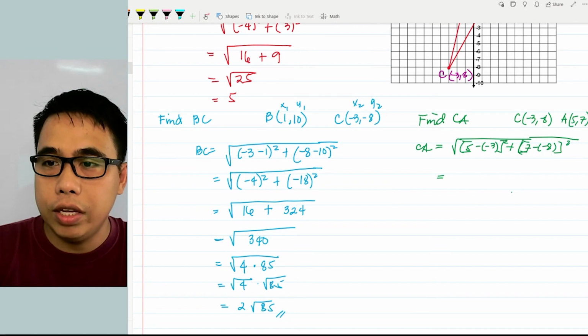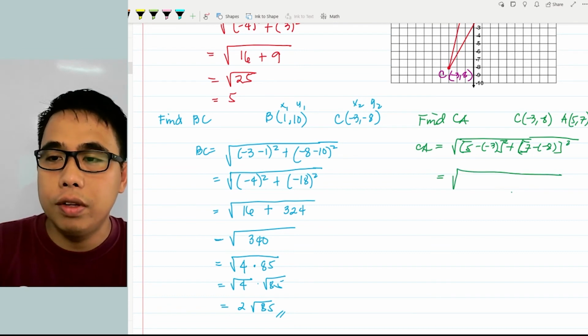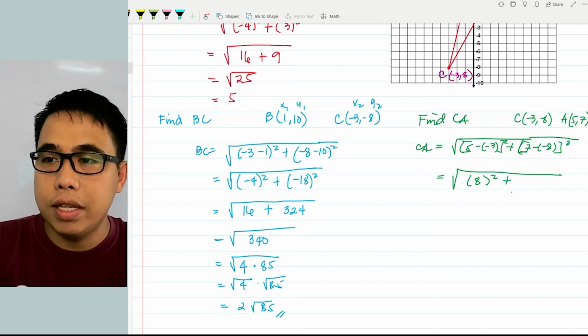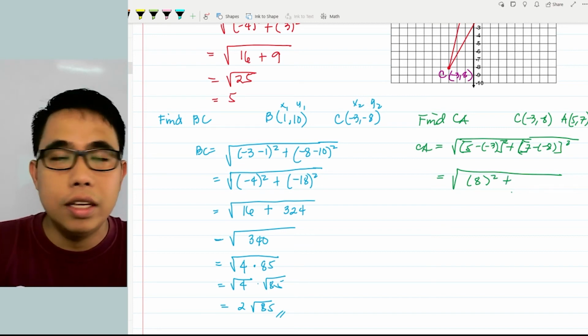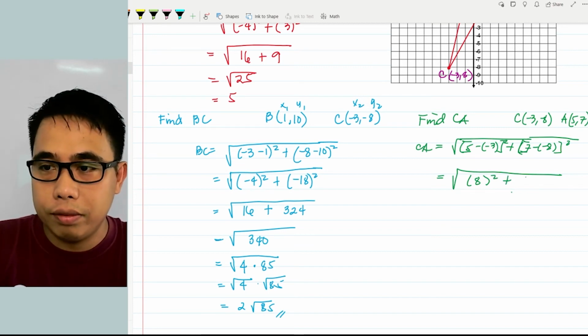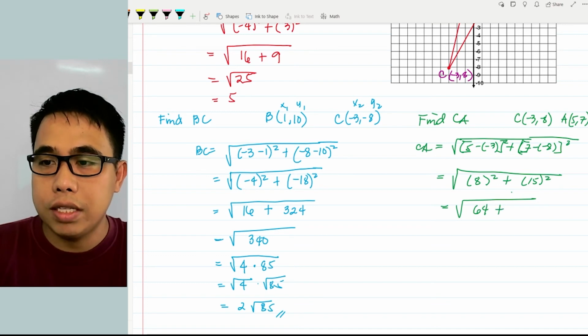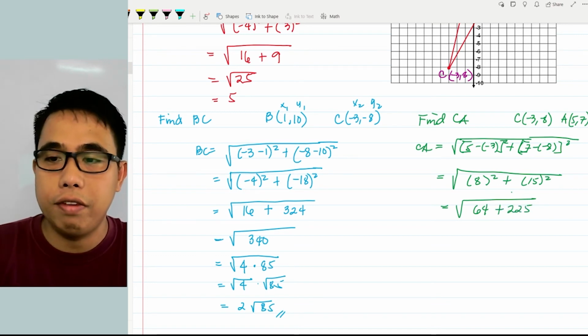So that is the square root of 8 squared, plus 15 squared. So the square root of 64 plus 225.